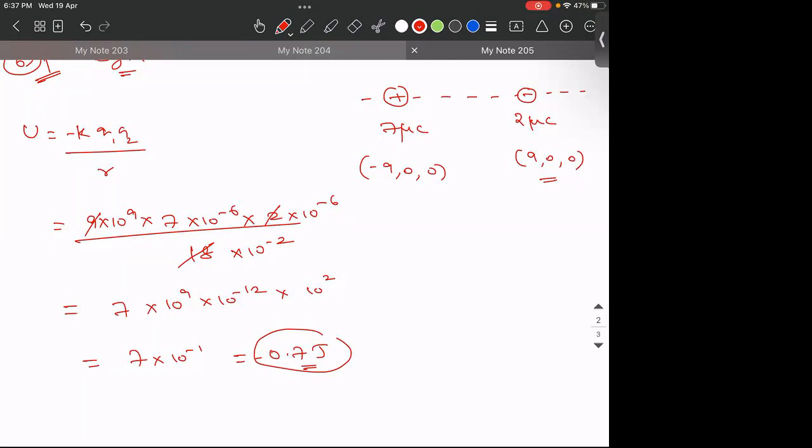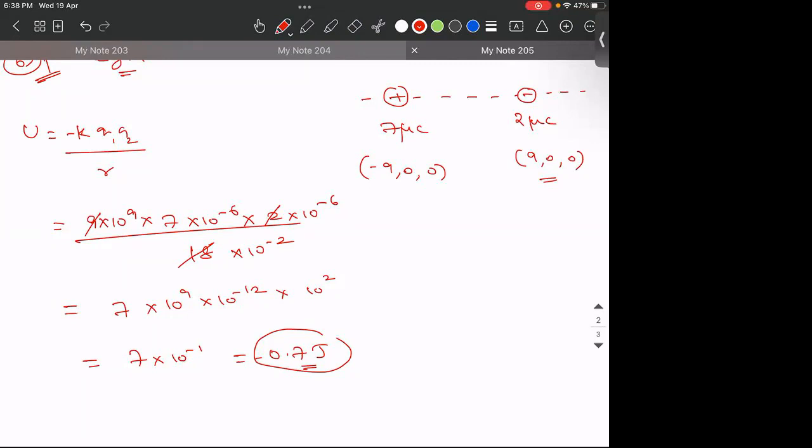They ask magnitude. What is the question? I told you magnitude will be taken into consideration.